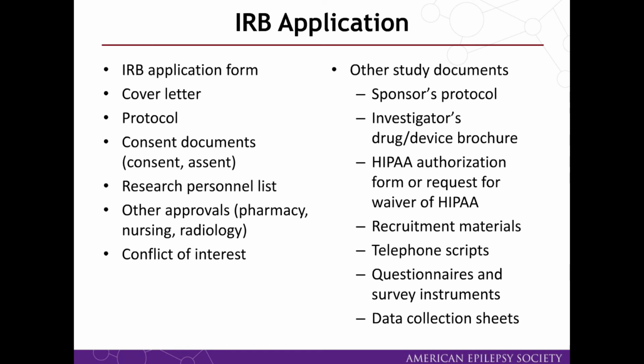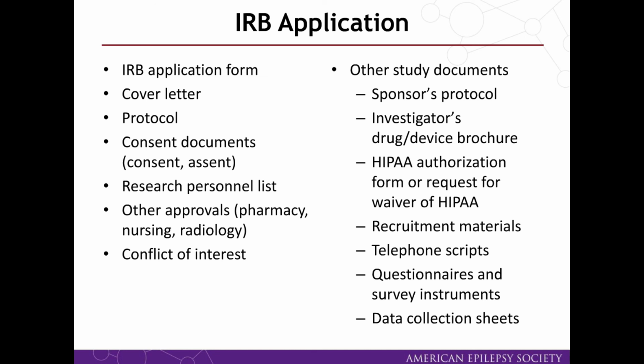If this is a sponsored protocol, an industry-sponsored protocol, you'll need to provide the original protocol from the sponsor, the investigator's drug or device brochure, which provides an overview of all of the research that's been done with that investigational agent in the past, a HIPAA authorization or request for waiver of HIPAA, so this is privacy information that's also required for research participants, samples of your recruitment materials.